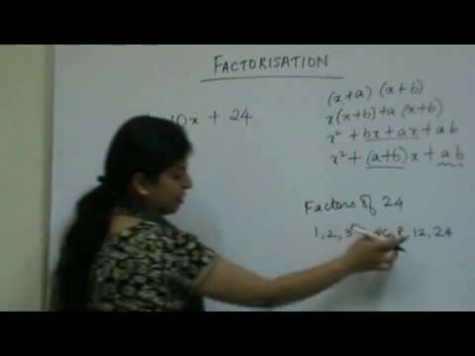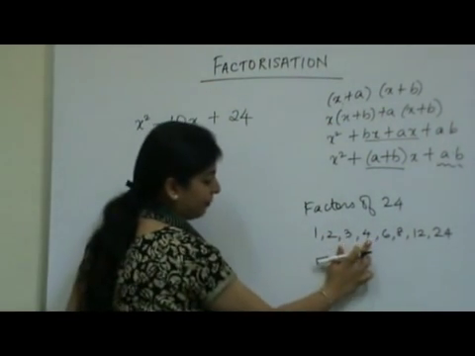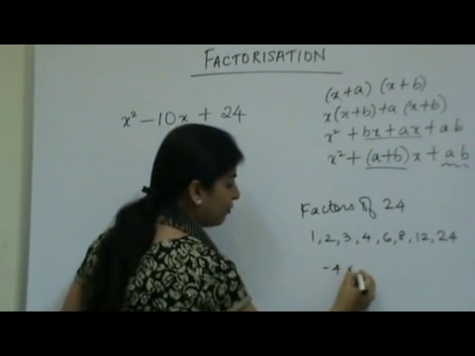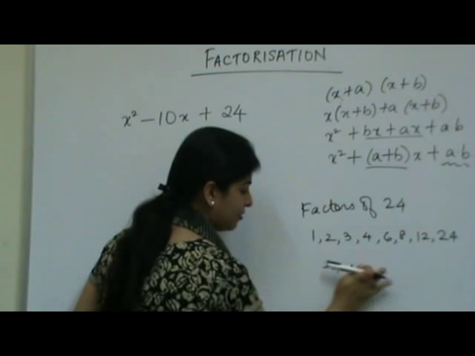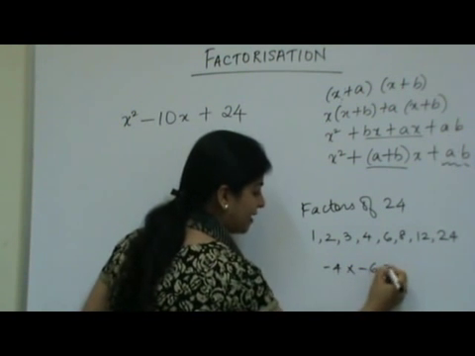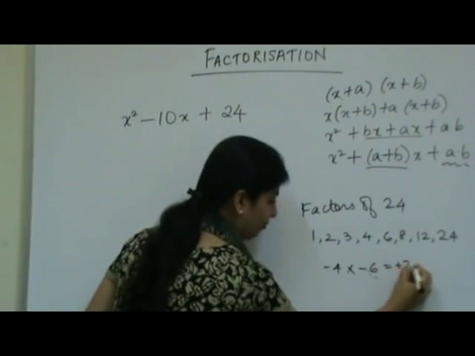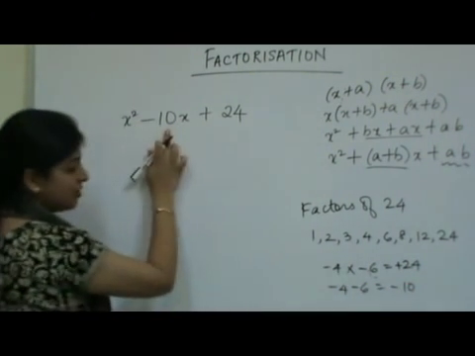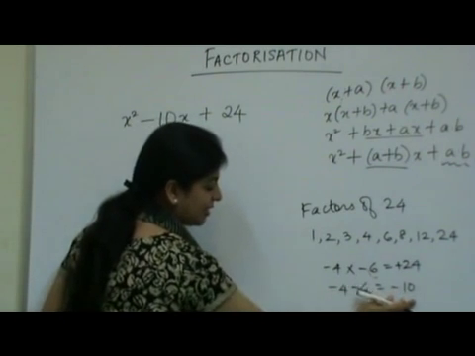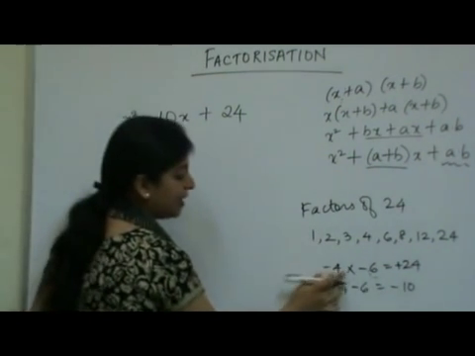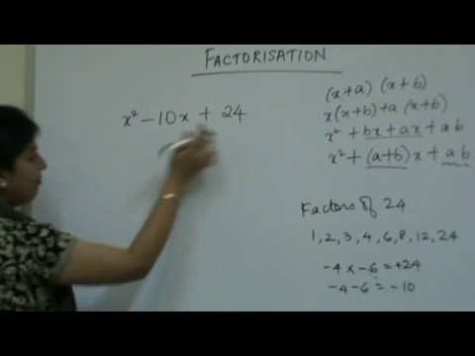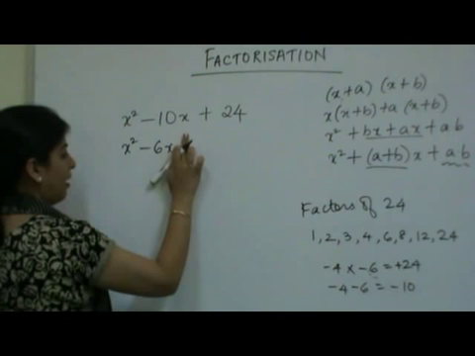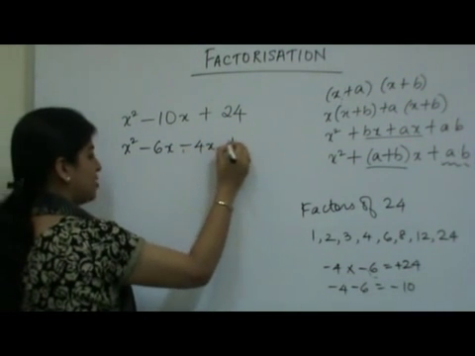Now the best numbers which will fit in this will be minus 4 and minus 6, because minus 4 into minus 6 will give you plus 24, and minus 4 minus 6 will give us minus 10. So x squared minus 6x minus 4x plus 24.